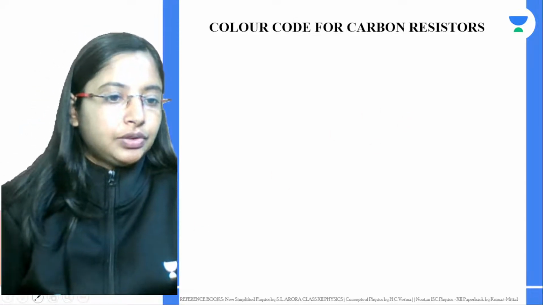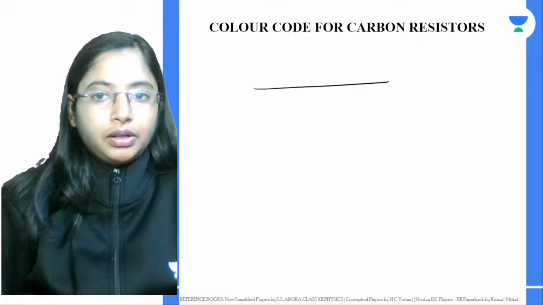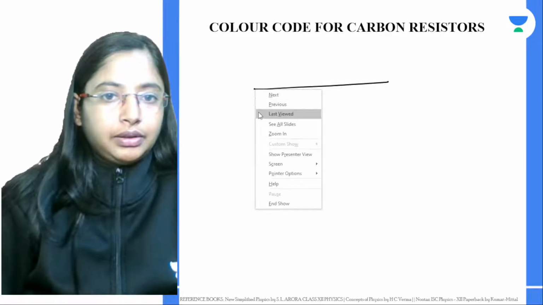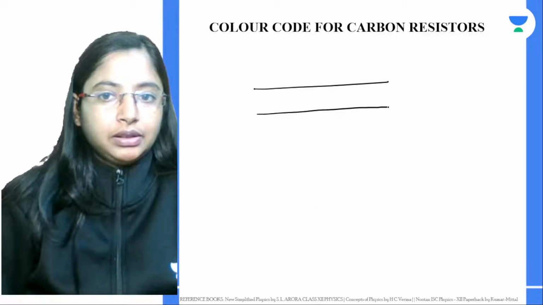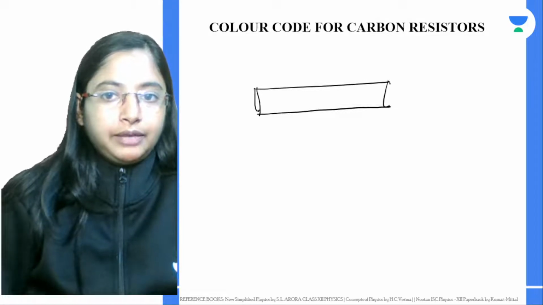All right, so for example, let's say you have a resistor, and the resistor might have 3 bands on it.